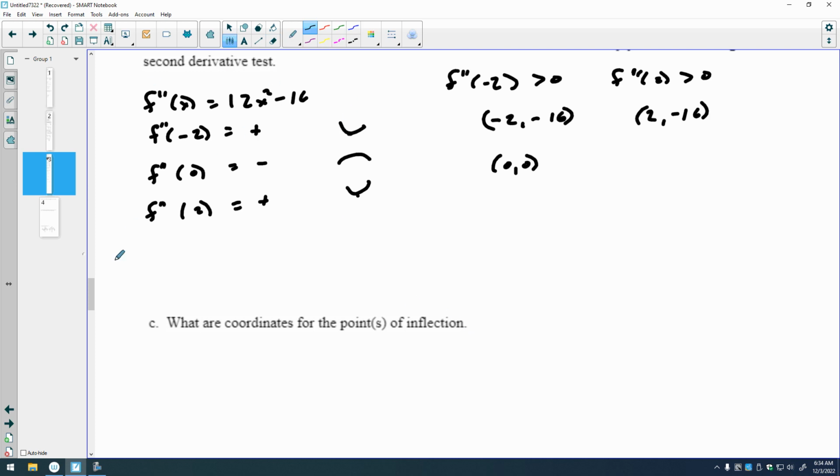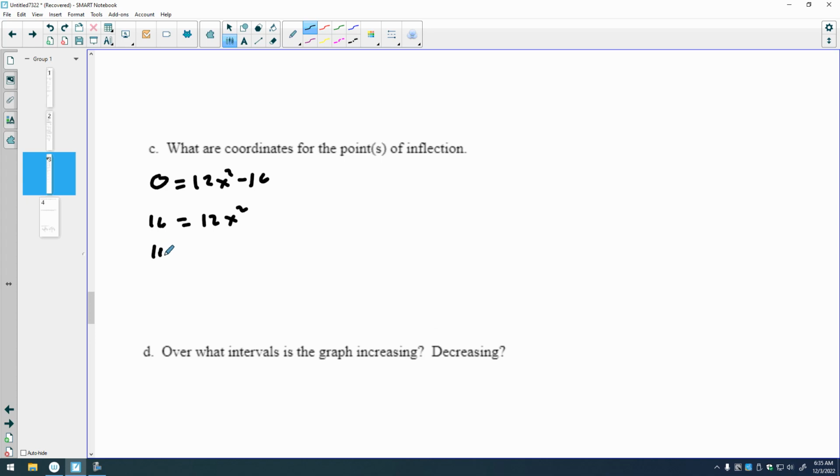Where's my second derivative equal to 0? 12x squared minus 16. Add 16 to both sides. Divide by 12. Take the square root, and I get plus or minus the square root of 4 over root 12 equals x.